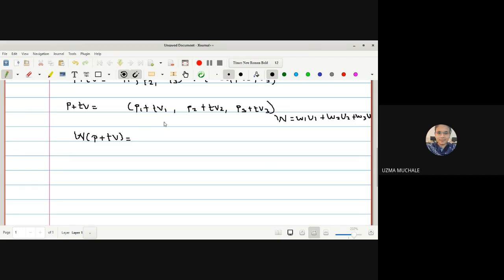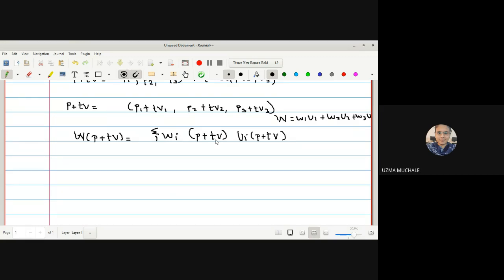Okay. So what will be the resultant one? You can write this as summation over I Wi of P plus TV Ui of P plus TV. Is it okay? Okay, if we knew W1, W2, W3, then as it is we could write here in the terms of P1 plus TV, Pi plus TVi.